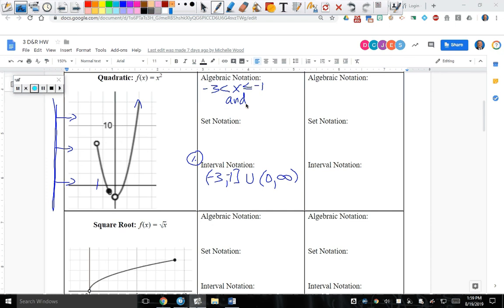And x is greater than 0. Perfect. Wait, where did you get the 0? Because that's where it restarts. So it went from -3 open all the way to -1 closed, and we highlighted that in between. And then it starts back up at x equals 0, because these are big, huge vertical lines. And then it just goes off to infinity.